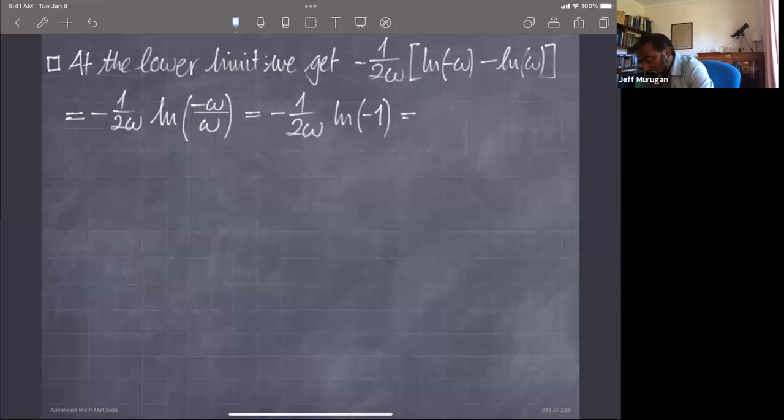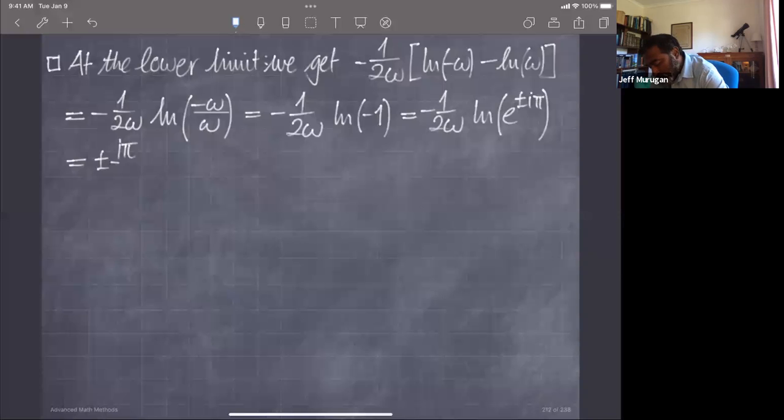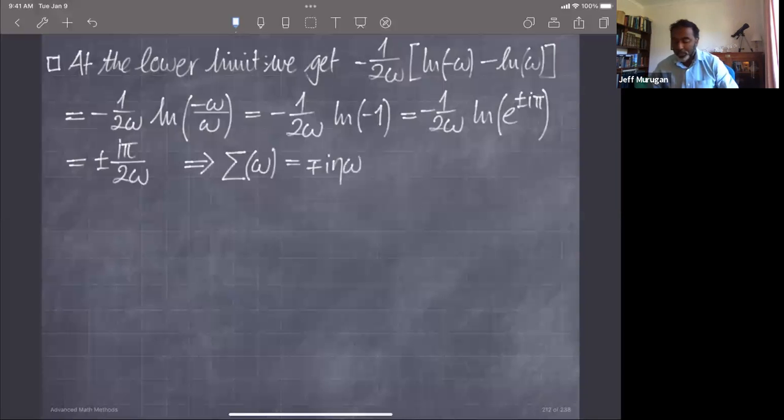But minus 1 I can write as e to the plus or minus i pi. So that's the log of e to the plus or minus i pi. And now I'm taking the log of an exponential. So this is nothing but plus or minus i pi over 2 omega, which in turn implies that the self-energy, sigma of omega, is just minus plus i eta omega.